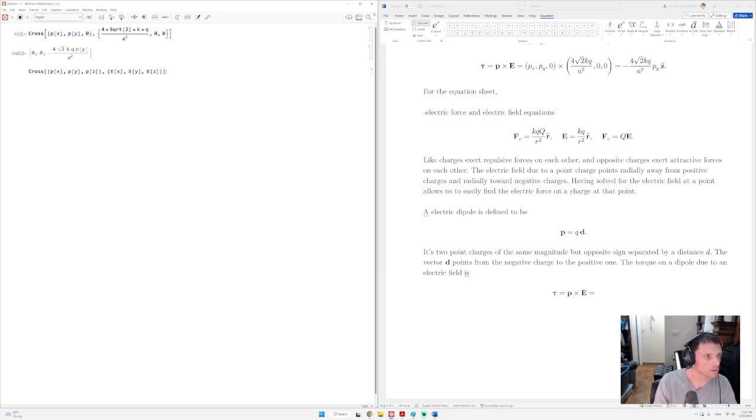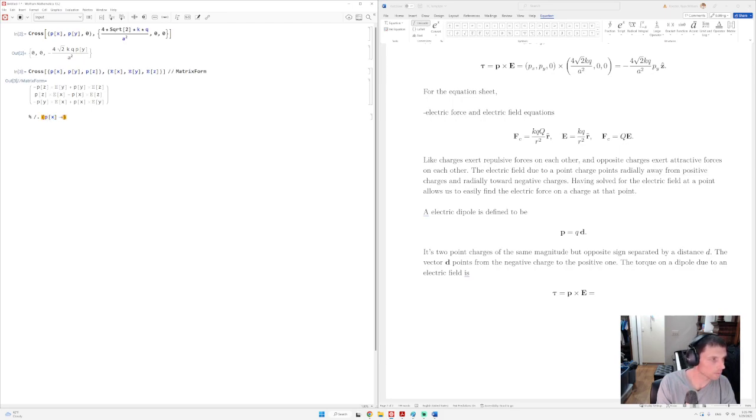I'm just going to make Mathematica give this to me as a column vector because it's a little easier to interpret. And the last thing I can do maybe is just make this substitution. I'm just going to make it use subscripts.